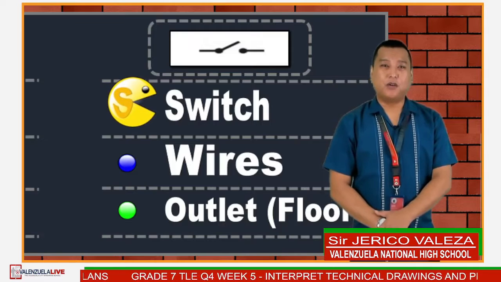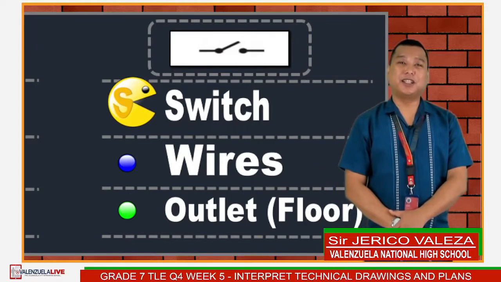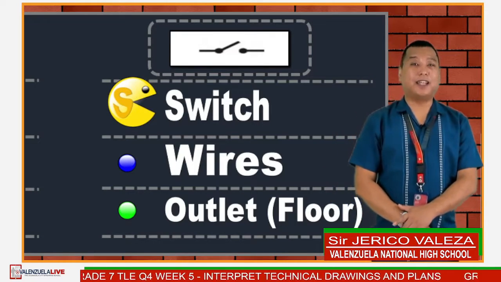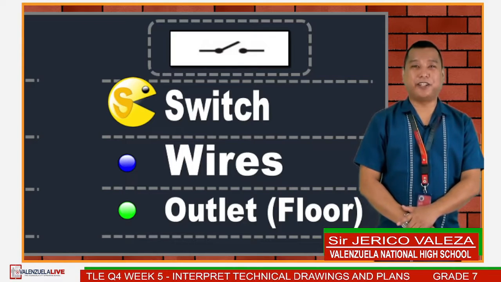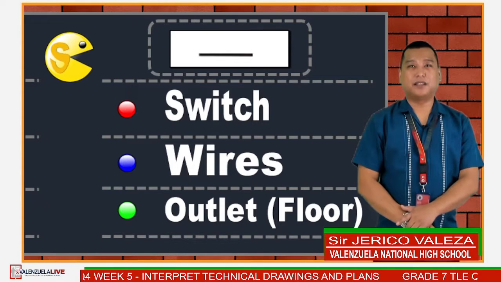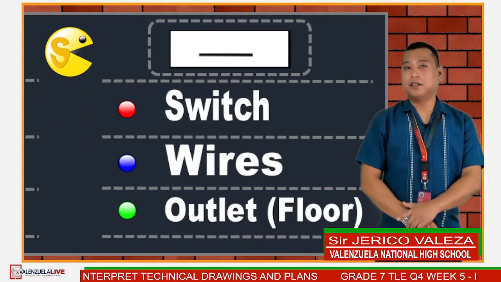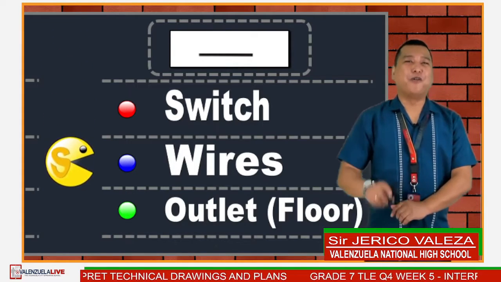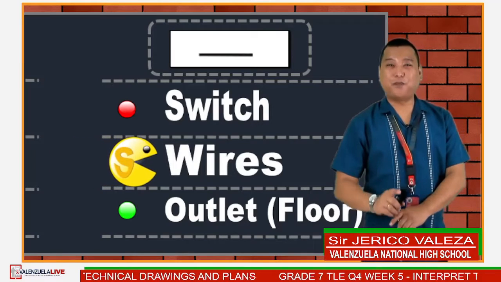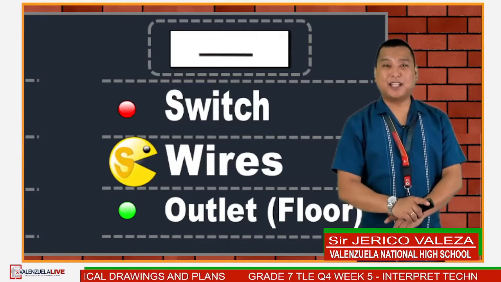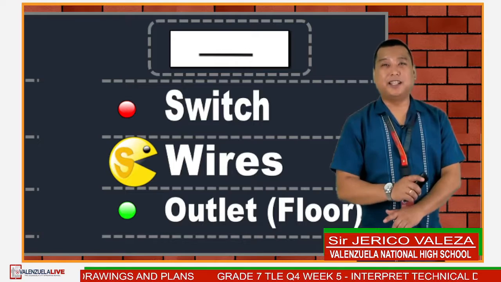Switch. What is the function of a switch? It connects and disconnects the current. How about this? Terrific. Wires. What is the use of wire? It connects the electrical components in the circuit.